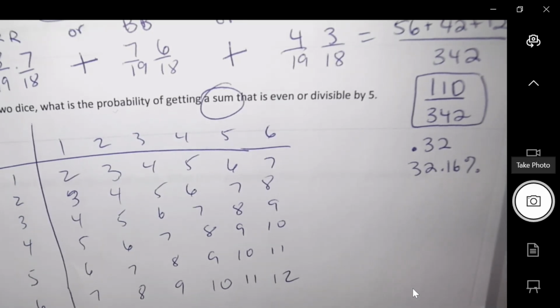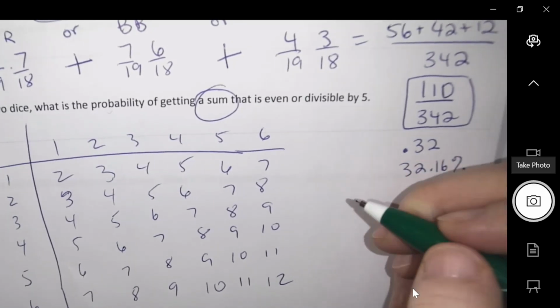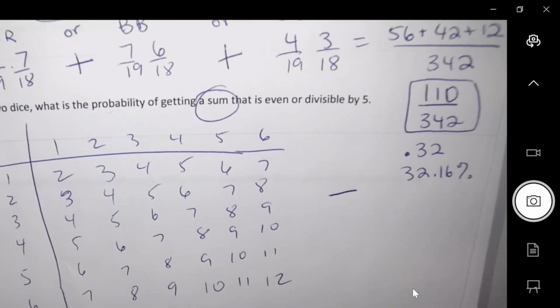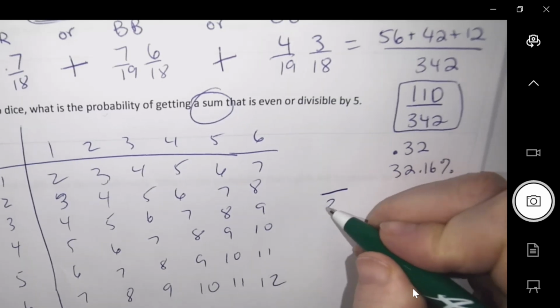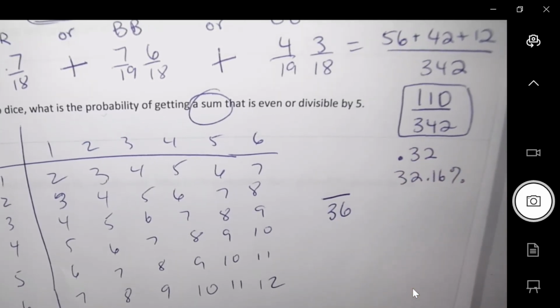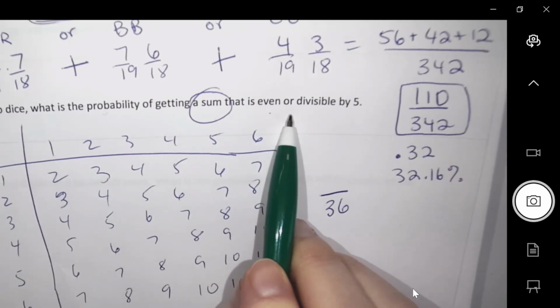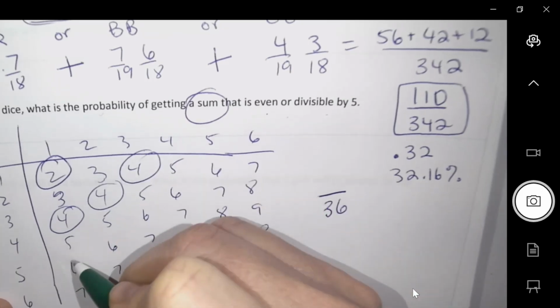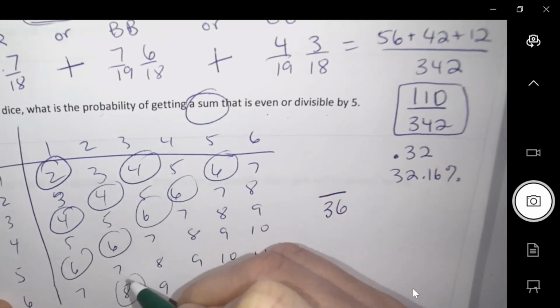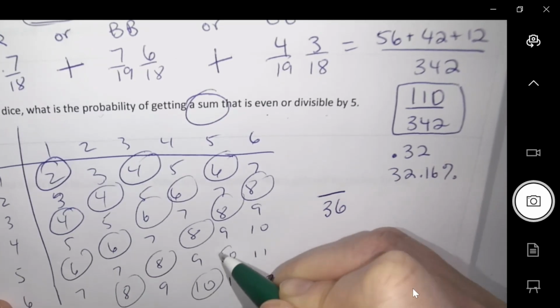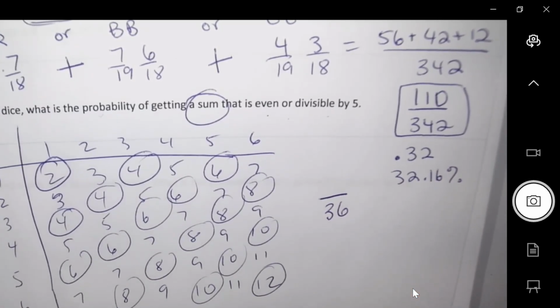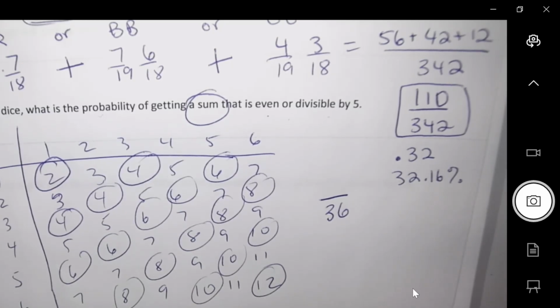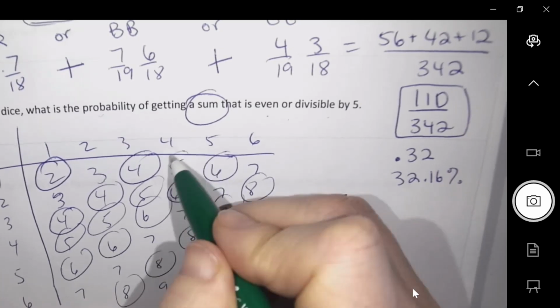Okay, so when you're looking at this chart, you have how many sum options altogether. With 6 and 6, that would make 36. And I'm looking for even or divisible by 5. So first of all, let's go through all the even. Or divisible by 5, so I can circle the 5s now.